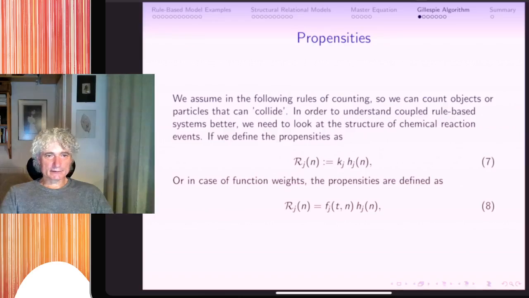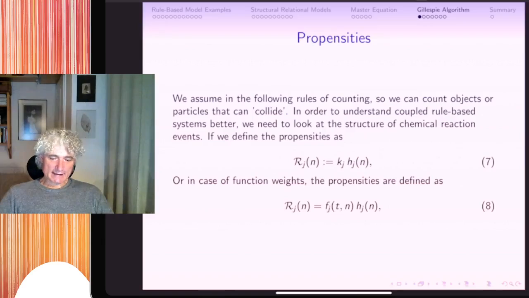So again, the idea was that you have some influence from outside, so there is some time dependence possibly on the way the rule is executed, and there can also be some state space dependence on this function weighted rule. But again, this is just a factor in front of the same function h_j of n, which keeps track of the collision mechanism.